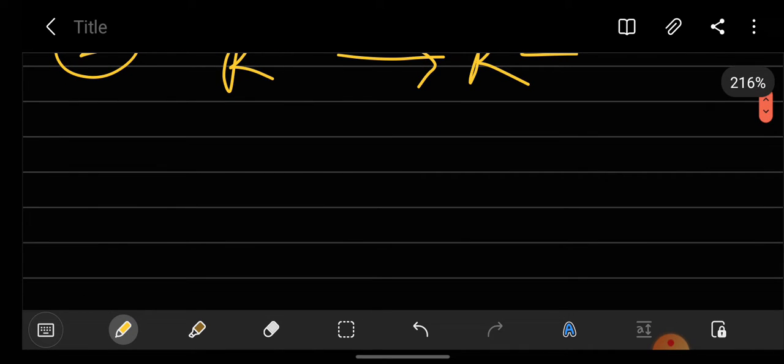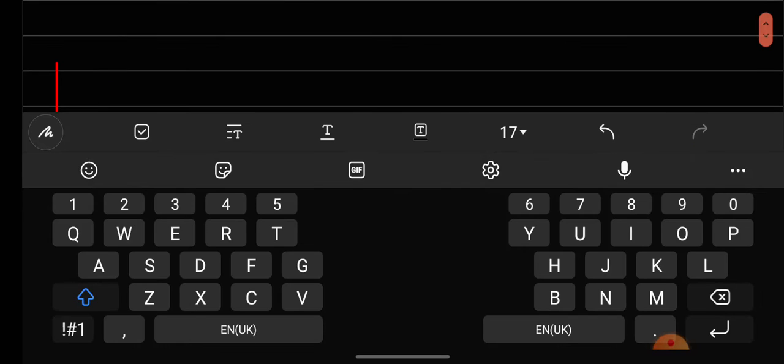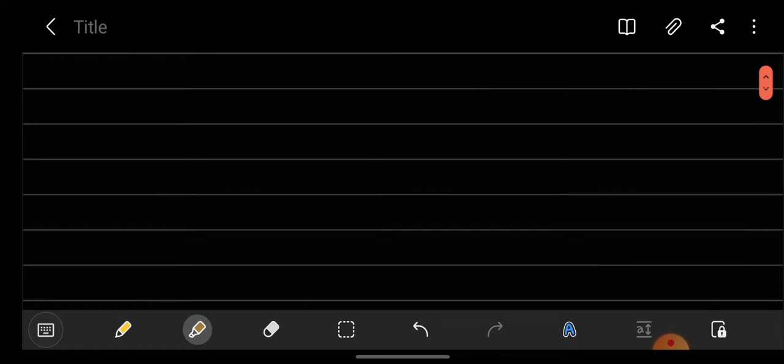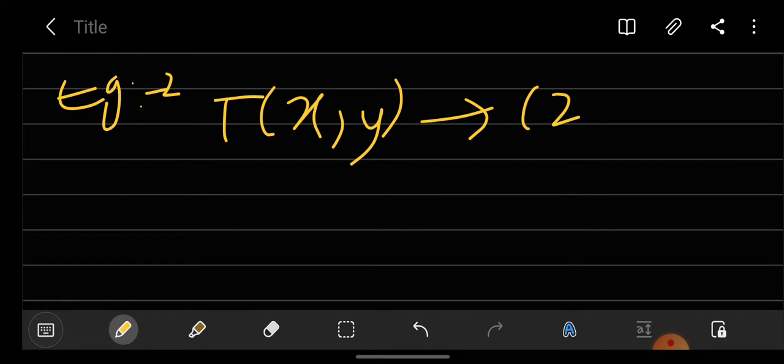Let's start with the second example. What we have is T(x, y) = (2x, y), and we have one basis.